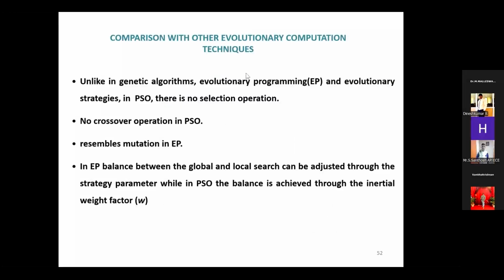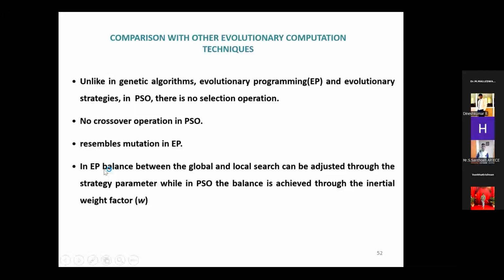Now, comparison with other evolutionary computation techniques. Unlike genetic algorithm, evolutionary programming and evolution strategies, in PSO there is no selection operation. No crossover operation; PSO resembles mutation in evolutionary programming.